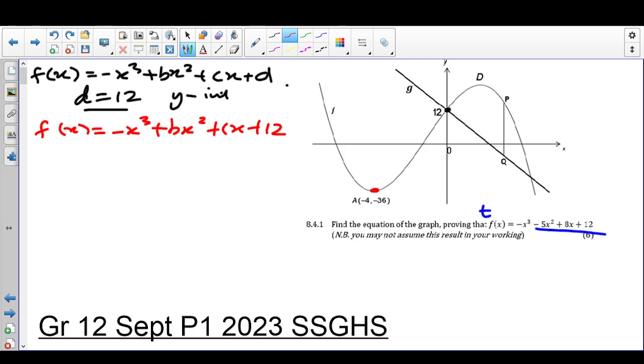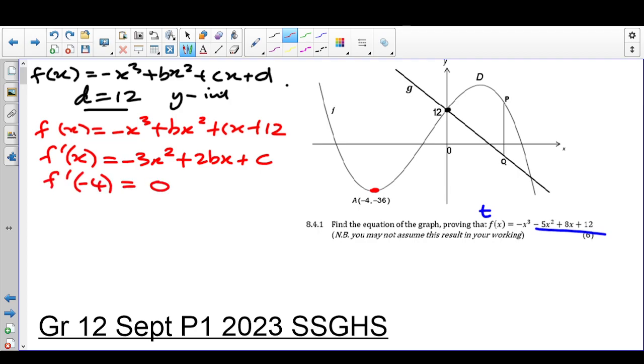From here, as we know, it's a turning point, so I find my derivative. f prime of x is equal to negative 3x squared plus 2bx plus c. At the turning point A, f prime of negative 4 is 0. Why? Because at the turning point, your derivative is 0.